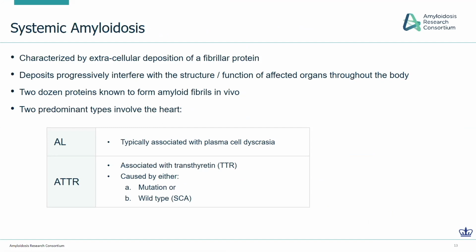While there are more than 24 proteins known to form amyloid fibrils in vivo, in patients who have cardiac amyloidosis, there are essentially 2 proteins that predominantly affect almost all the individuals, more than 95%, and that is AL amyloid associated with a plasma cell dyscrasia, and transthyretin amyloidosis that's associated with either wild type or non-mutant TTR, what we used to call senile cardiac amyloid, or TTR that carries a mutation or variant form, which we call ATTR-H or ATTR-V for variant or hereditary disease.